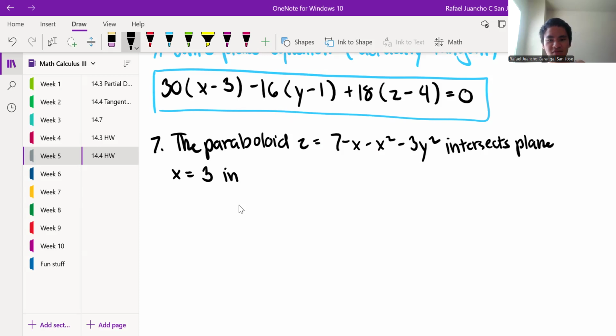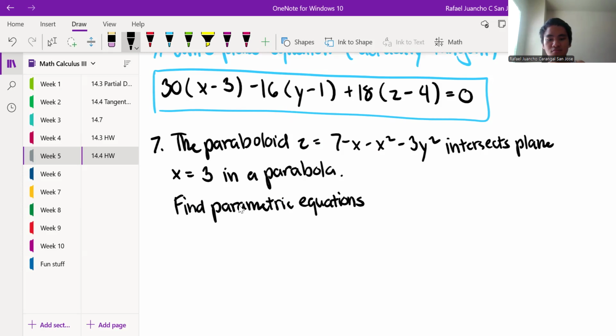And specifically, it intersects it in a parabola. And now we're asked to find parametric equations in terms of t for the tangent line to this parabola.